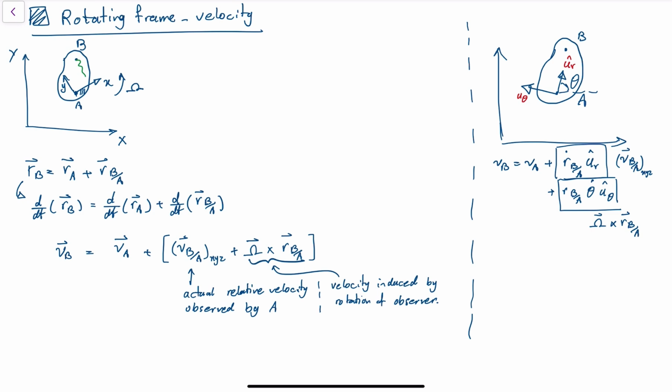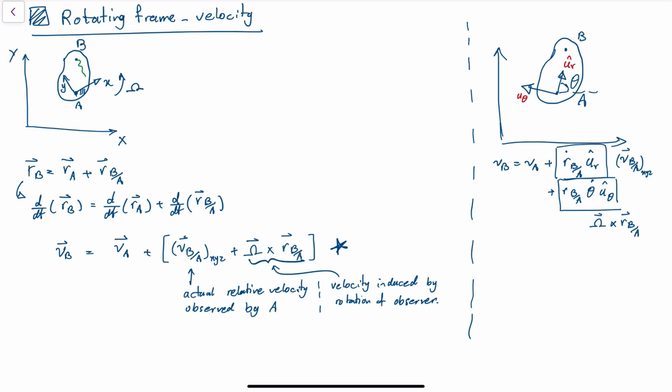But what we have now in this vector equation is more general. Point B doesn't need to move just along a straight line as we considered in this dummy example.